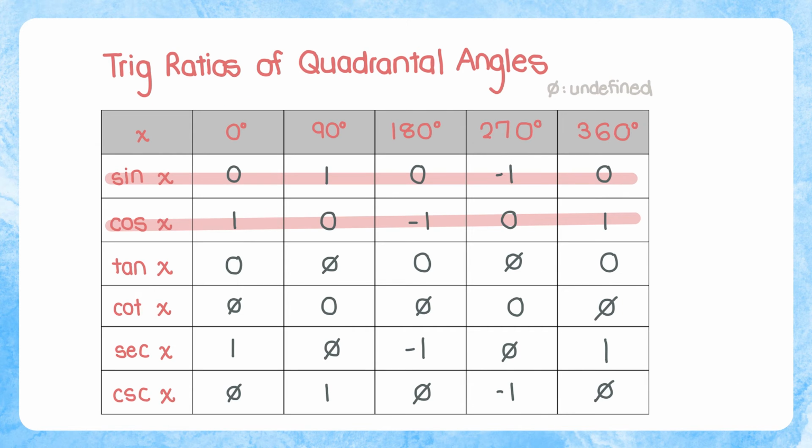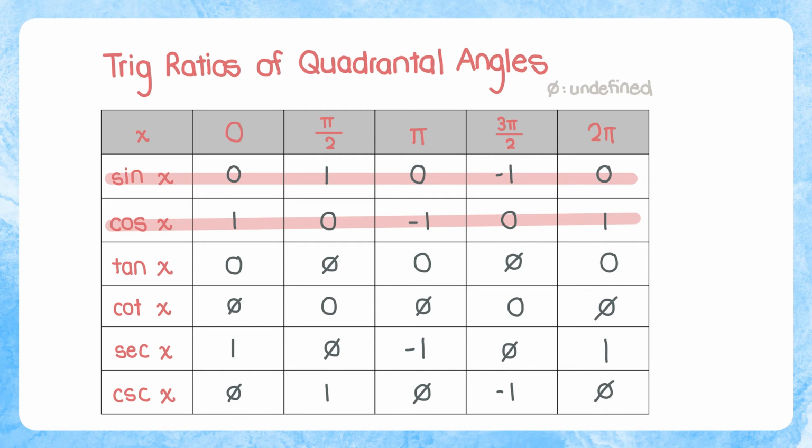So here's our chart of trig ratios of quadrantal angles that we worked on in part 1. I know there's a lot of trig ratios here, but as I mentioned in the earlier video, the main ones to remember are the sine values and the cosine values. So here the angles are written in degrees.